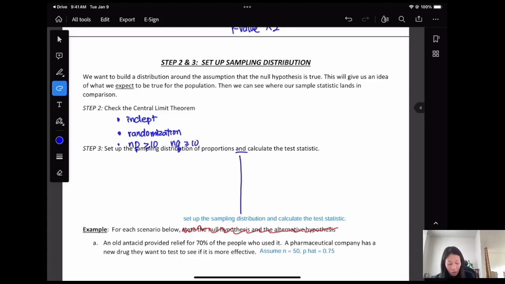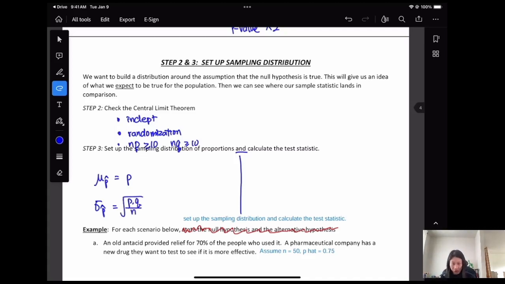Okay, so for the sampling distribution of proportion, we build mu p hat equals p, which is our null hypothesis p, and then sigma p hat, the standard deviation for the sampling distribution of a proportion, is equal to the square root of p times q over n.